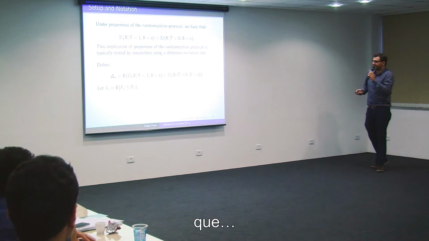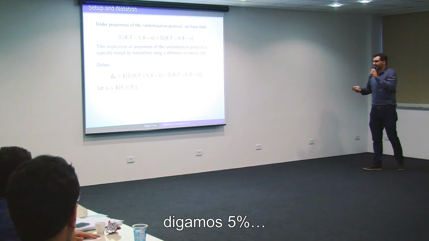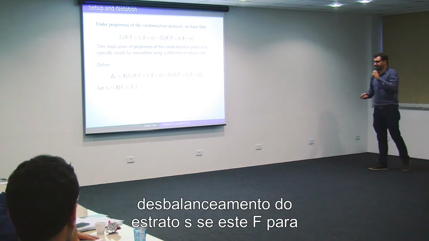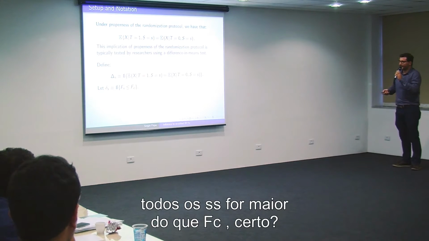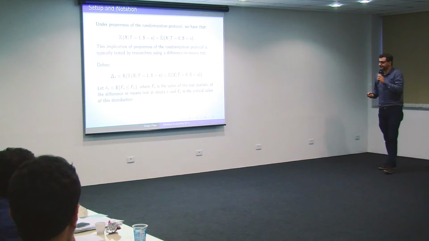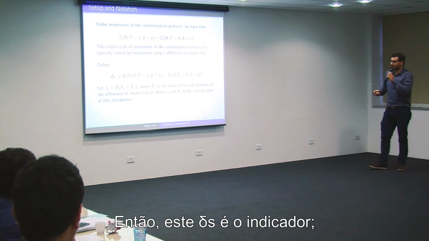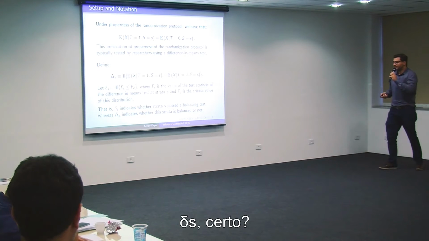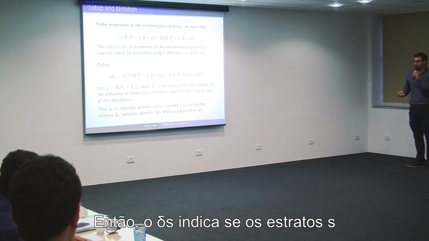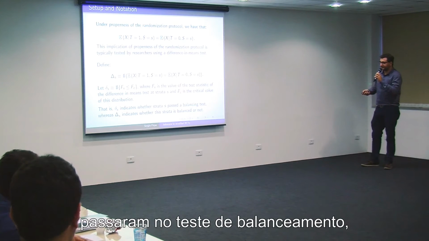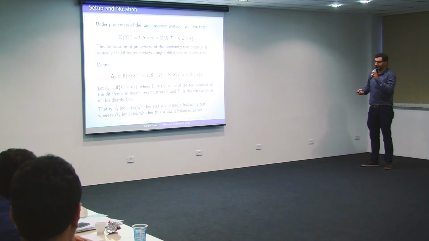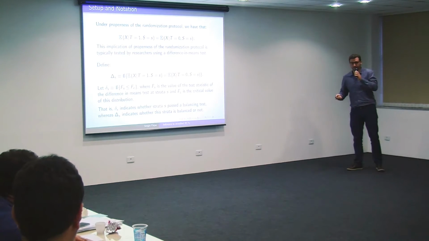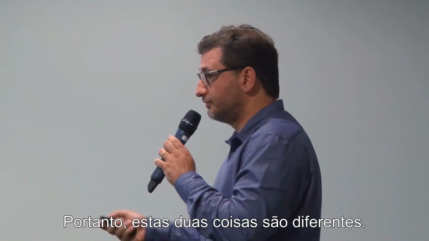Say that at 5% you're going to be happy to say that there is no imbalance in stratum S if this F_S is more than F_C. So small delta_S indicates whether stratum S passes a balance test, whereas capital delta_S indicates whether this stratum is balanced or not in the population. Those two things are different.